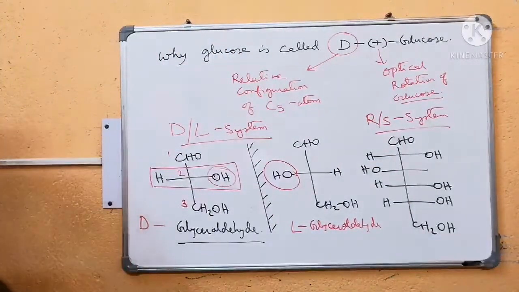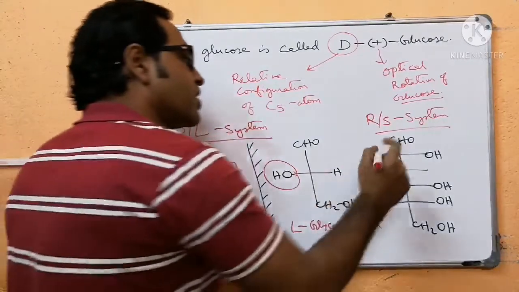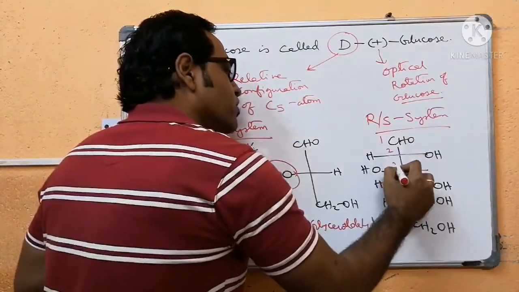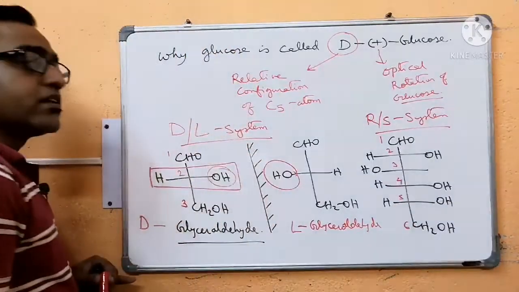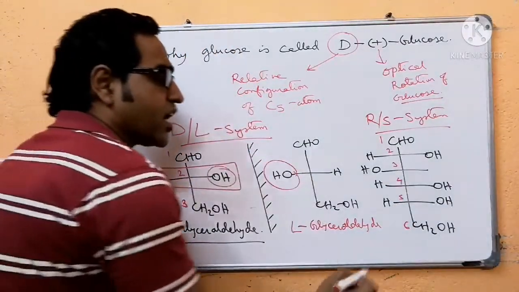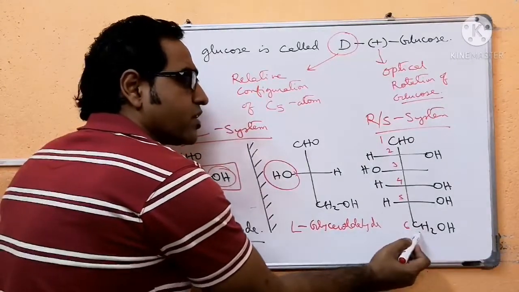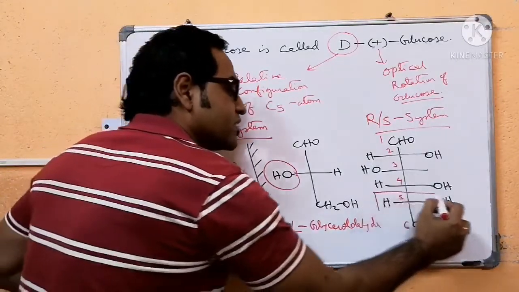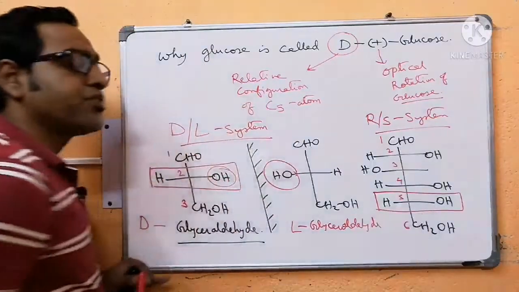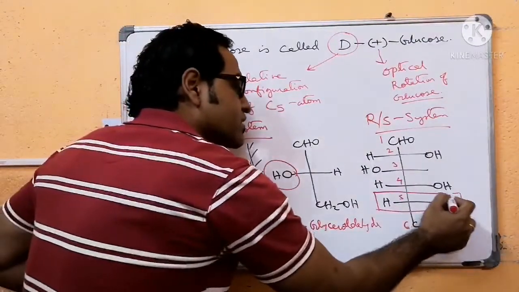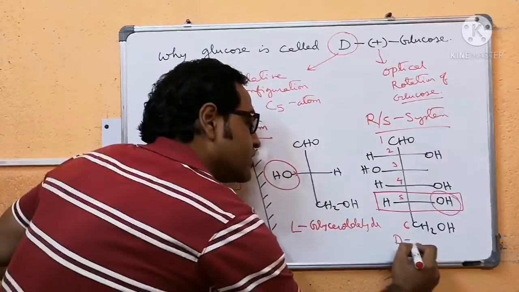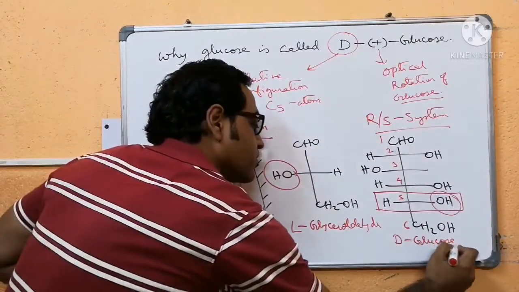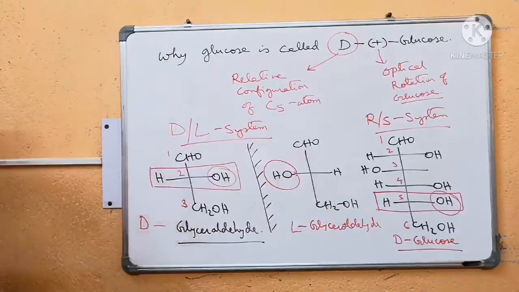So again, if you number the carbon atoms 1, 2, 3, 4, 5, 6, the last carbon is this one and the second last carbon is this one, that is C5. In C5 you can see the OH is on the right hand side, hence we call it D-glucose.